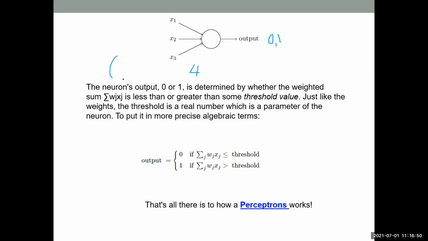Or, is this person smiling or are they frowning, right? Maybe those would be the 2 outputs that we're trying to predict. Okay, so the neuron's outputs are just 0, 1. Remember, they're just trying to do this in a very simple way back then. The output is determined by whether the weighted sum is less than or greater than some threshold value.